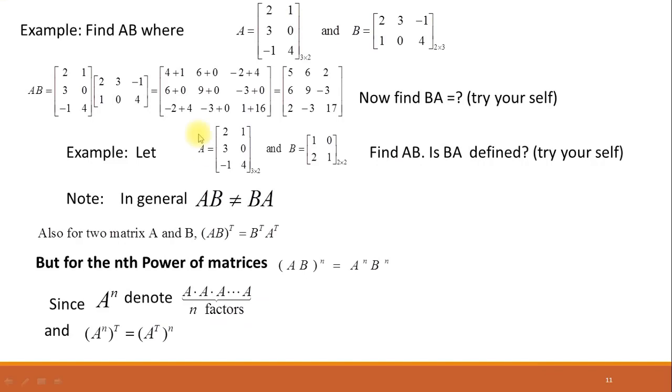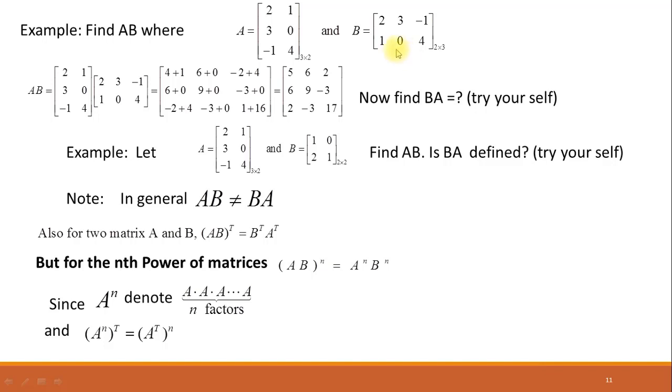For example, these are two matrices. The order of this matrix is 3 by 2 and the order of this matrix is 2 by 3. This matrix has 3 rows and 2 columns, and this matrix has 2 rows and 3 columns.